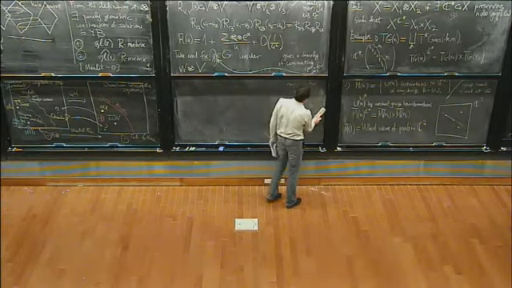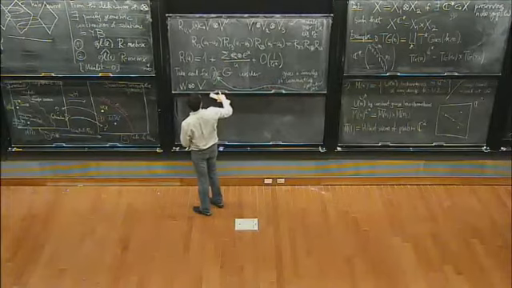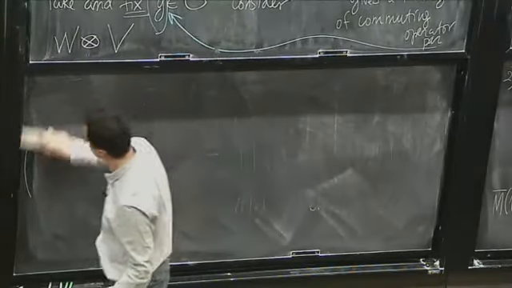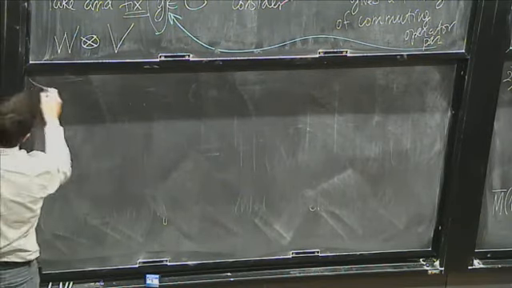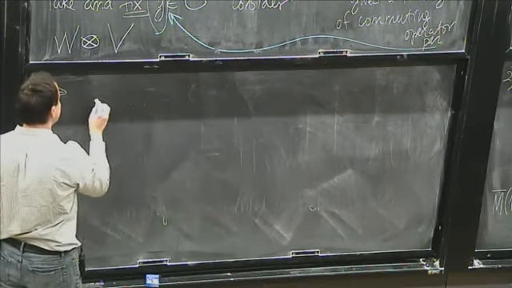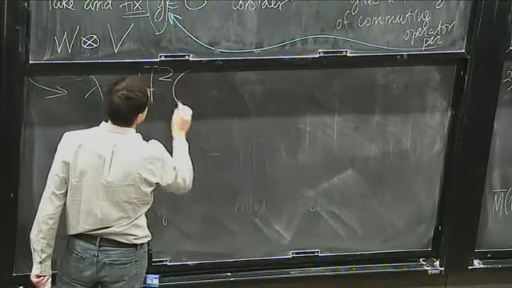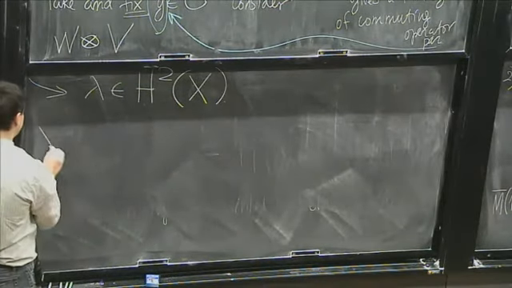From this construction, you get the following formula: if I have lambda, an element in second cohomology of X, so a divisor class on X, it gives you the following formula for the quantum product by this divisor.